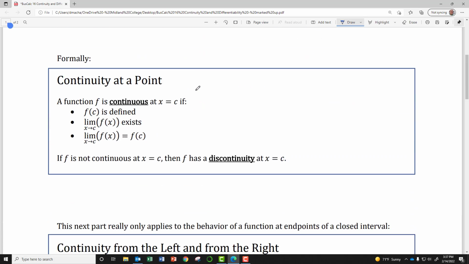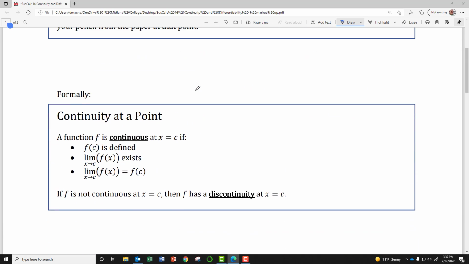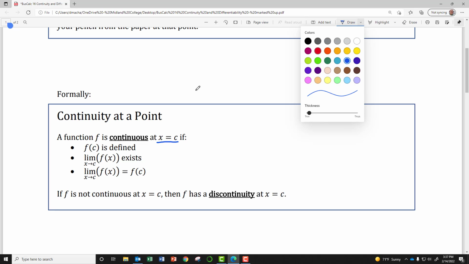Now to talk about continuity more formally, we define continuity at a point like this. A function is continuous at the point x equals c if f of c is defined, so the function f is defined at the point x equals c. What I mean by defined is this.